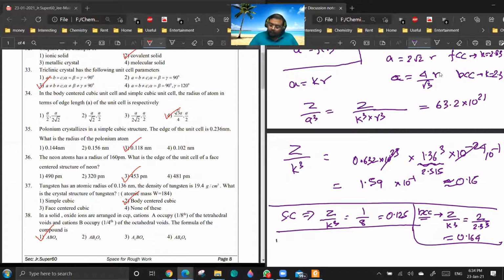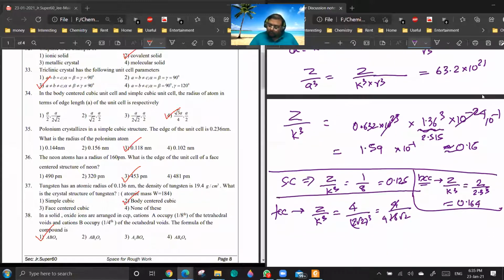If you do for FCC, then Z by K cube will be how much? It will be 4 by 2.83, that is 4 by 2 root 2 whole cube. It's like 4 by 8 into 2 root 2, 16 root 2, so it's like 1 by 4 root 2.